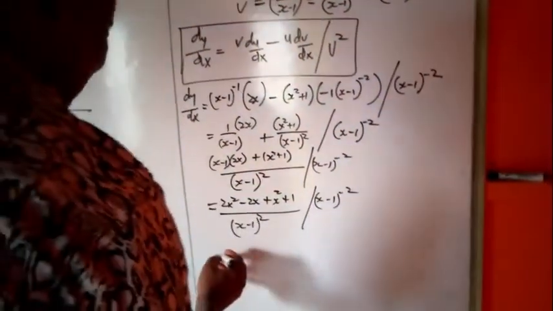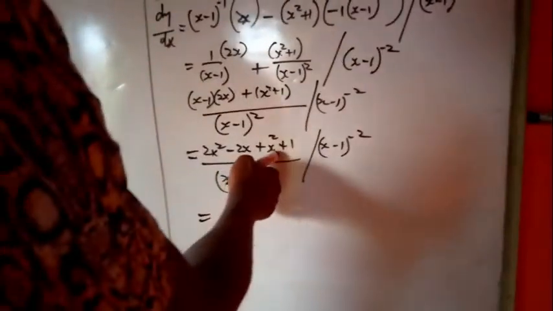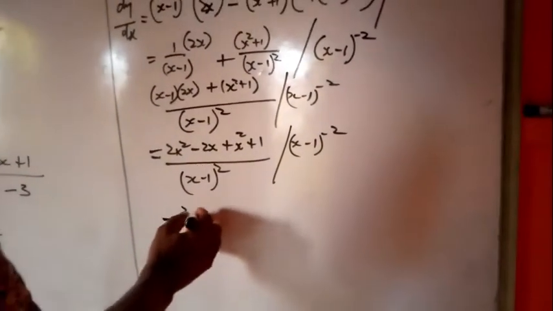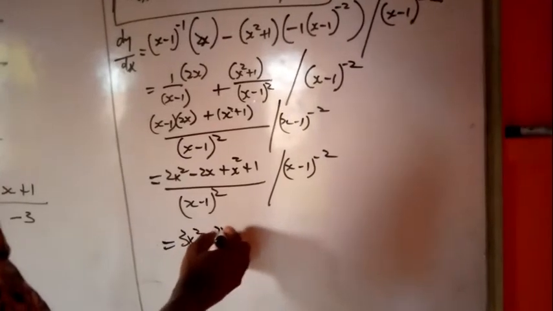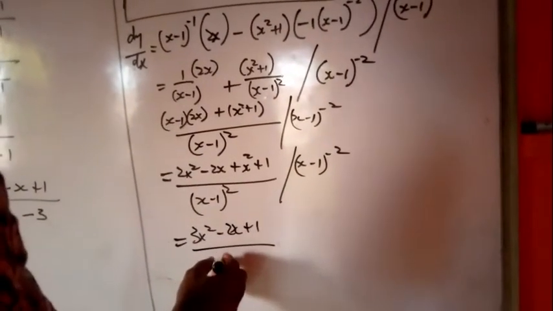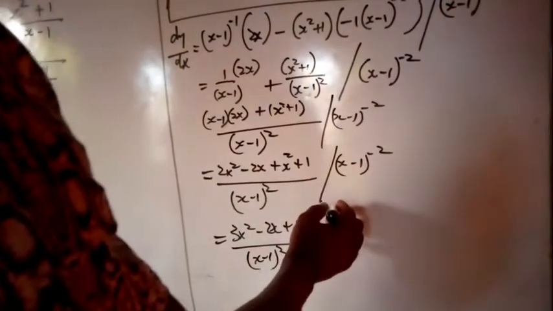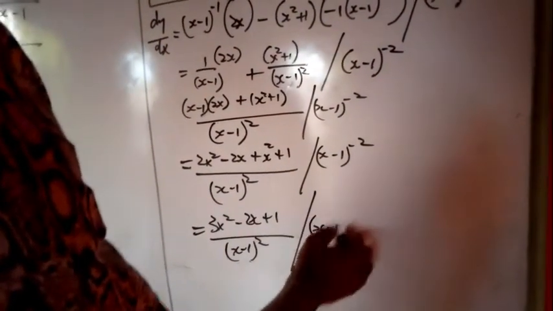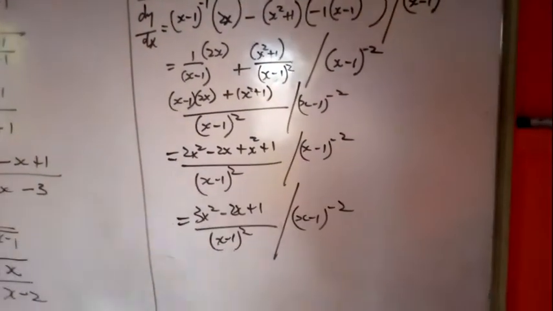So we can add our like terms. x squared and 2x squared become 3x squared minus 2x plus 1 all over x minus 1 raised to power 2 all over x minus 1 raised to power minus 2. Now this is a reciprocal, so it goes up.